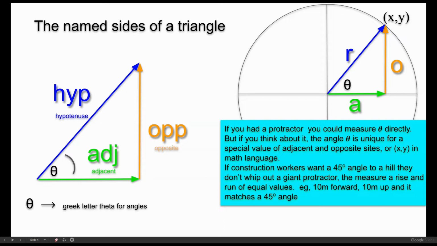But another method is to tell me the x and y coordinates of a spot. So you could say, I want you to go 3 over and up 4. And what the trig functions do is they connect the idea of an x and y value with an angle and a distance. It puts the two systems sort of together.